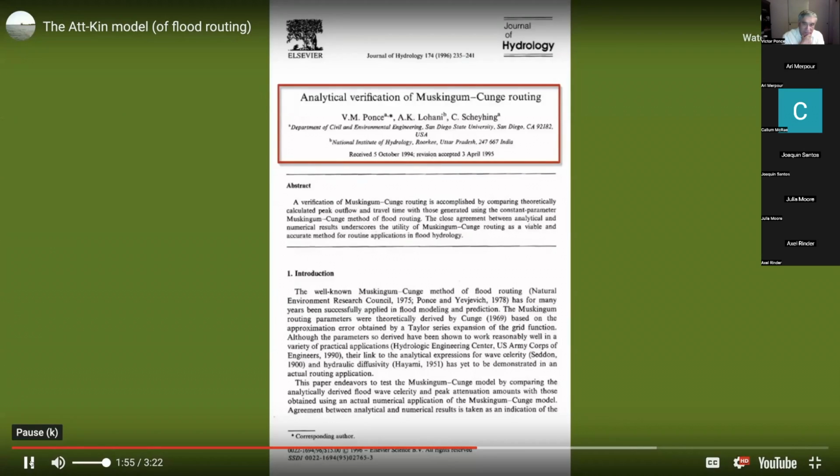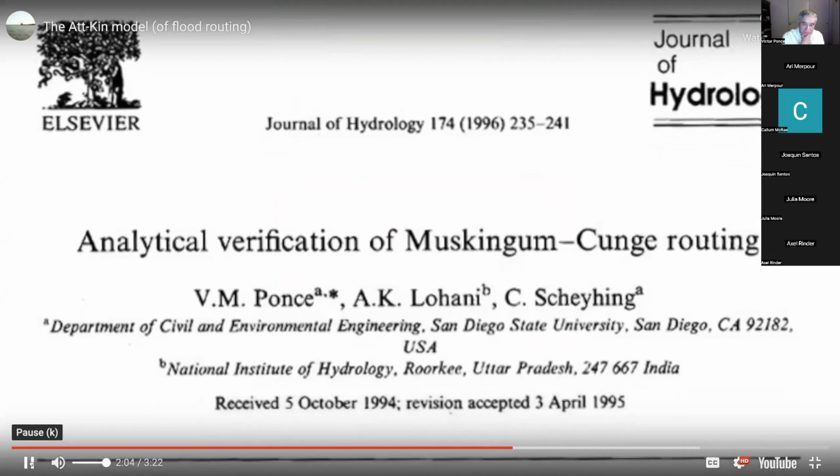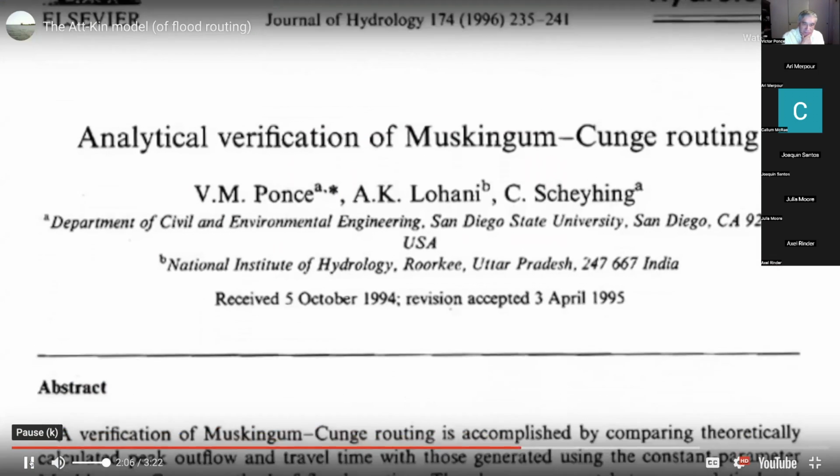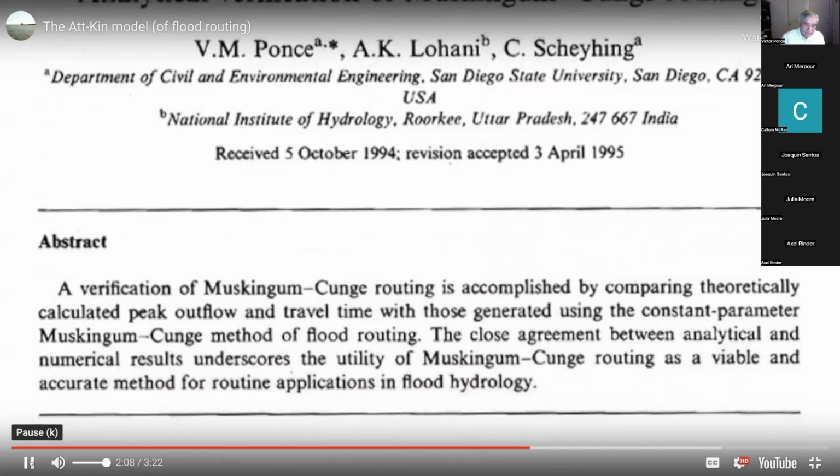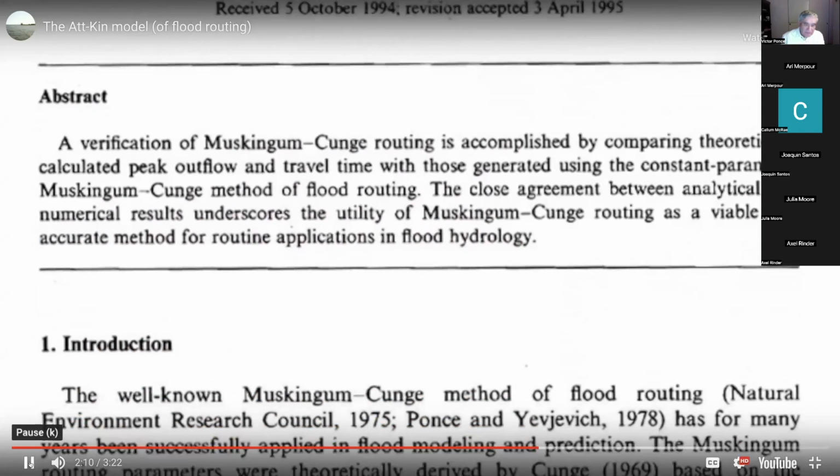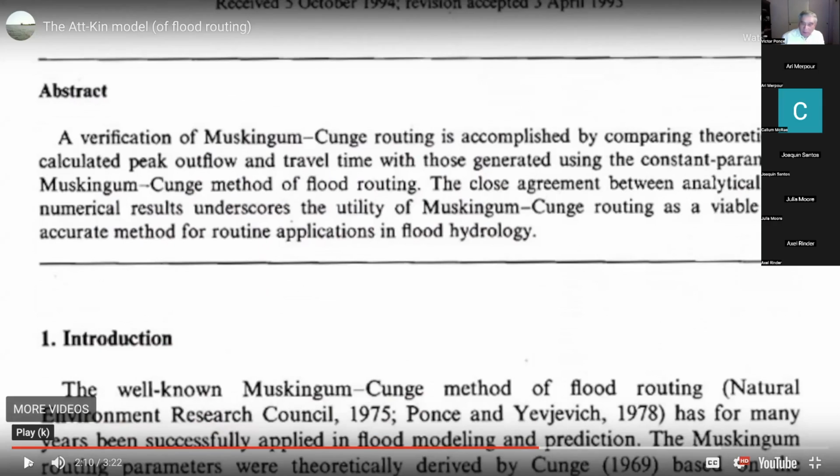The matter was clarified in the 1990s when the theoretical accuracy of the Muskingum-Cunge method was demonstrated. We have already reviewed this paper, by the way.